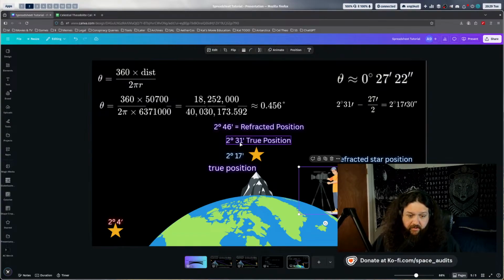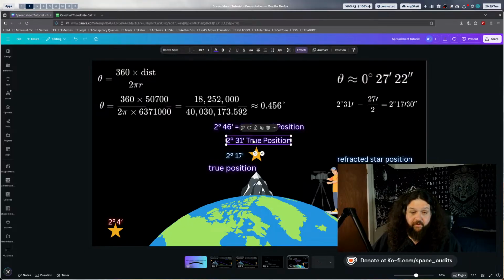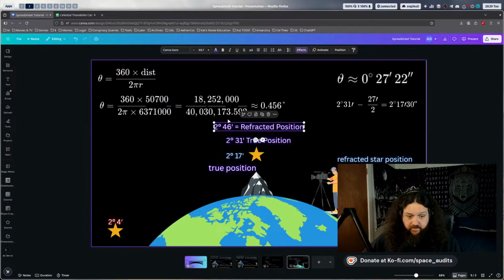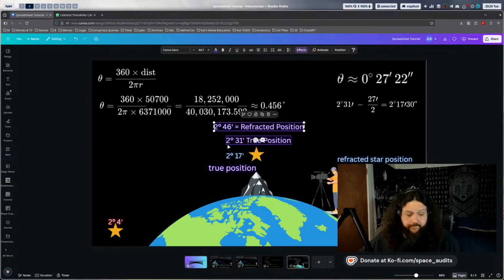Because when the star wasn't visible, if you're on this mountain peak, its true position is at 2°31, and that's the geometric relationship that we're starting with to build upon. If you turn on refraction at this location, you get 2°46, but the 2°46 number is irrelevant for these purposes. I just put it in there so you would know what it is if you were on the peak and you refracted it.